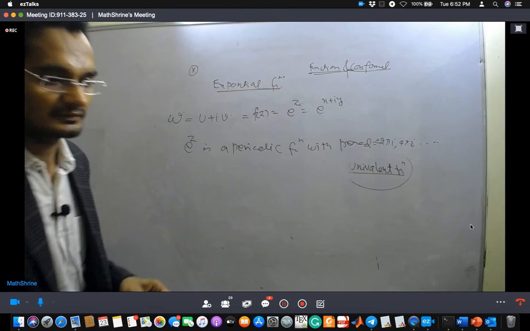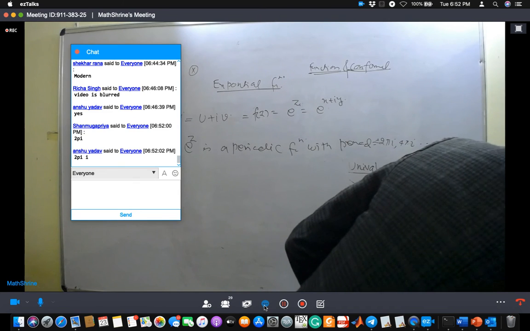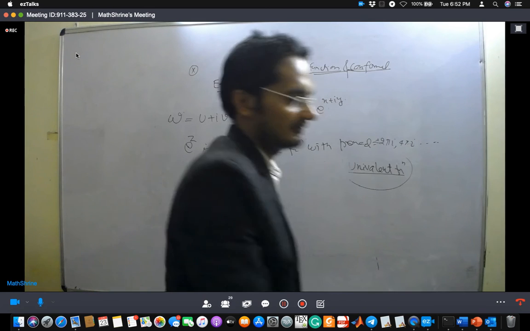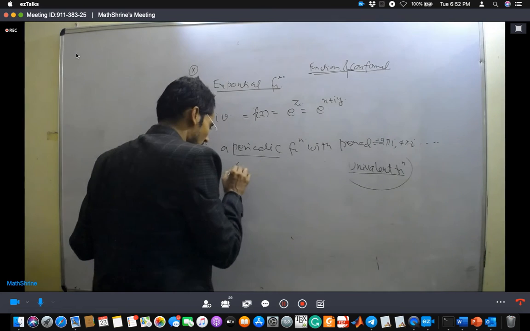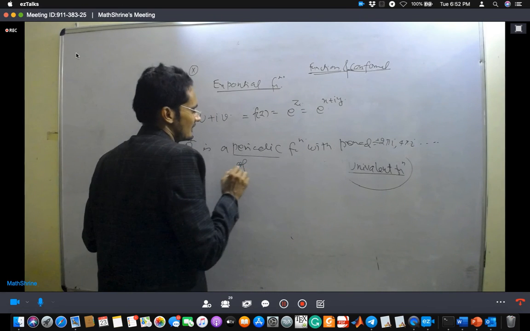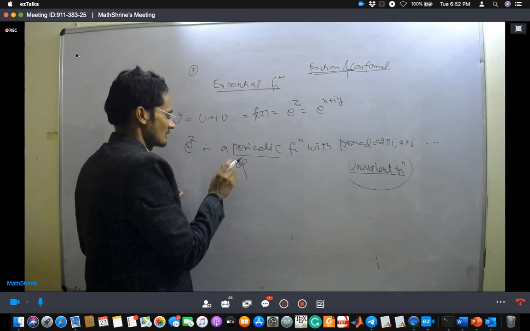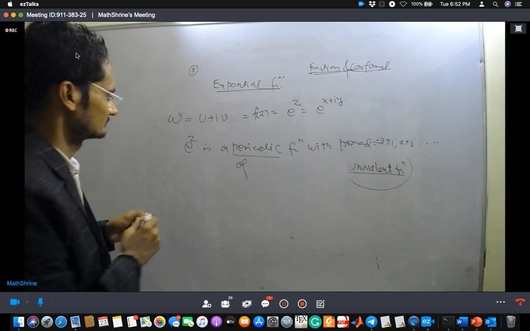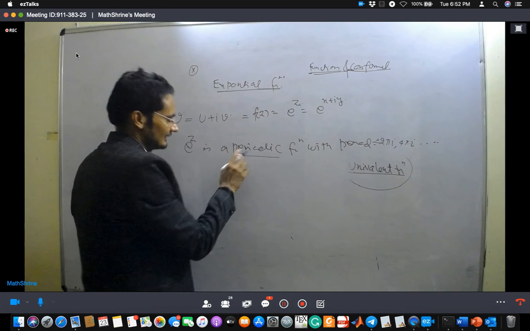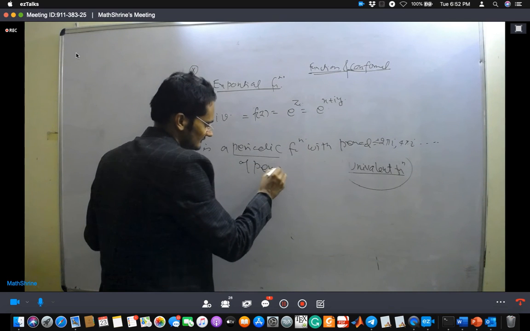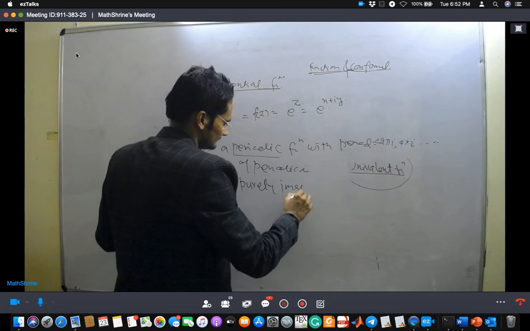The period is a purely imaginary number, right? Because iota is present, the real part is 0. So the exponential function is periodic, and its period is an imaginary number. All right.